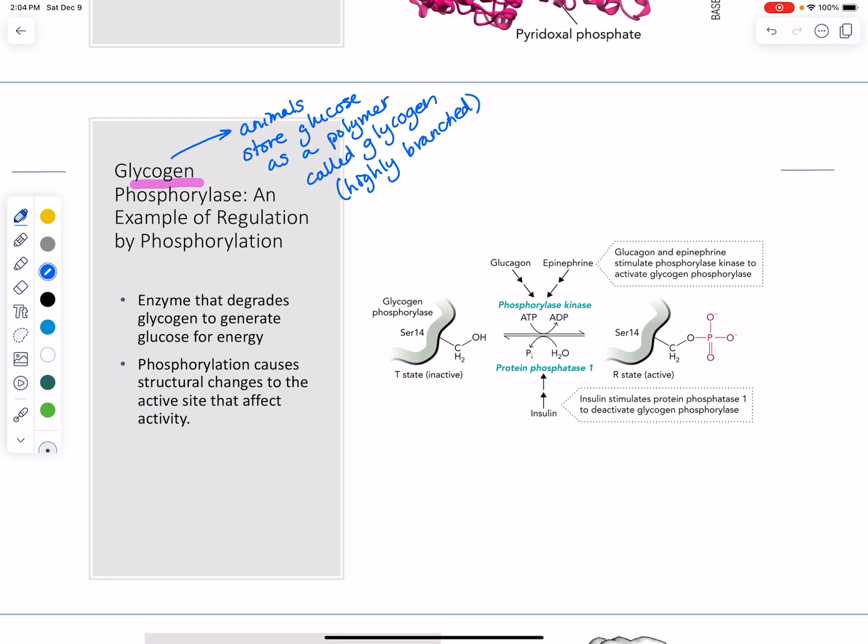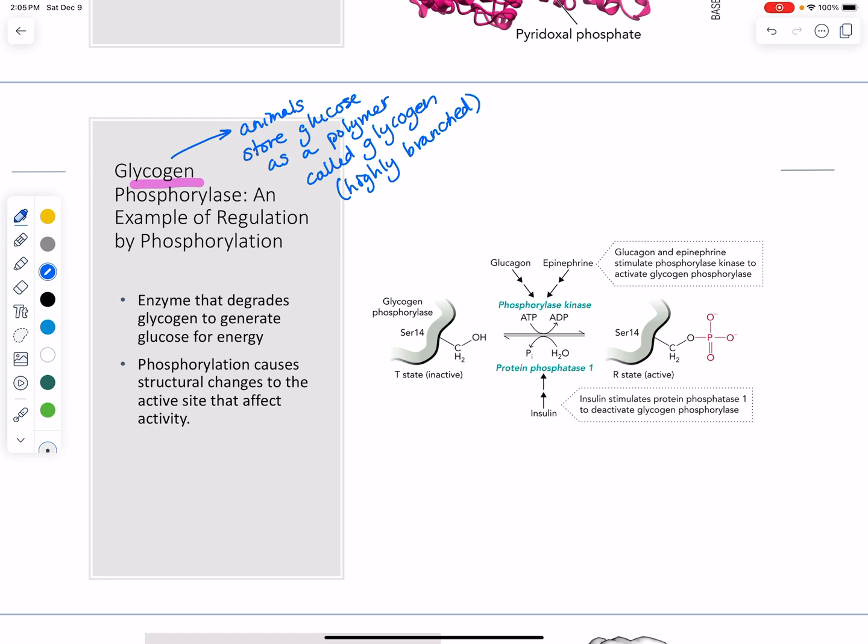So we store glucose that way, and when we want to use individual glucose molecules to go into glycolysis to start ATP production, we need to cut one off of the chain, and glycogen phosphorylase is the enzyme that does it.